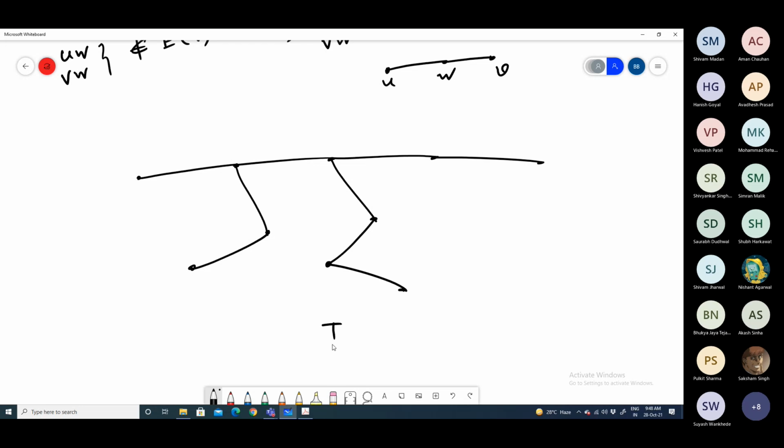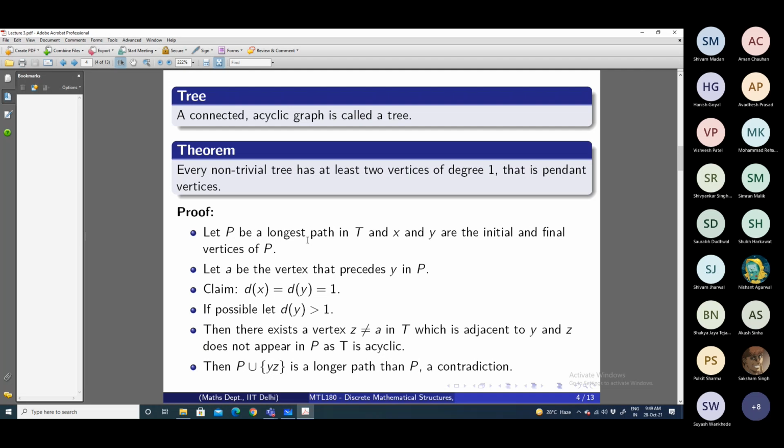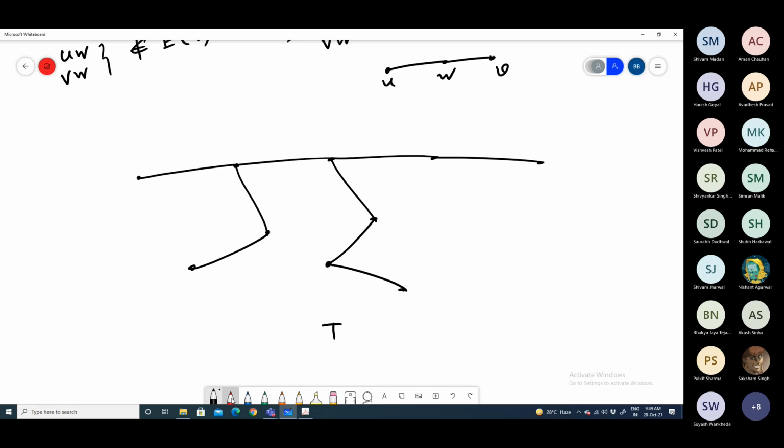So this is a tree. Here I already have 4 vertices of degree 1, but anyway, you can choose any tree. Let P be a longest path in T. So take this one: 1, 2, 3, 4, 5.